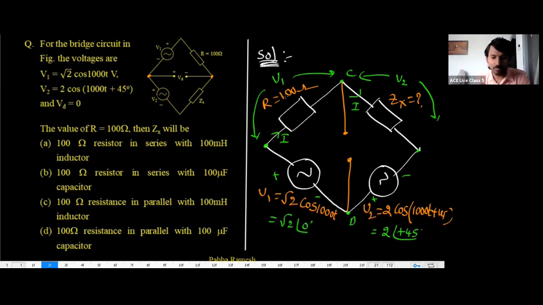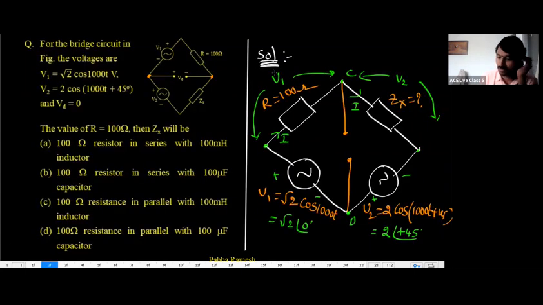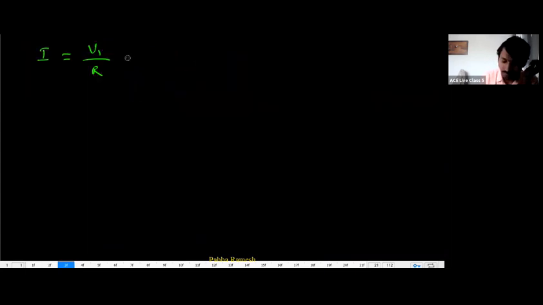I is equal to V1 by R. Here also I is equal to V2 by Zx. That we have to write first. I is equal to V1 by R, which is root 2 at an angle 0 by 100.